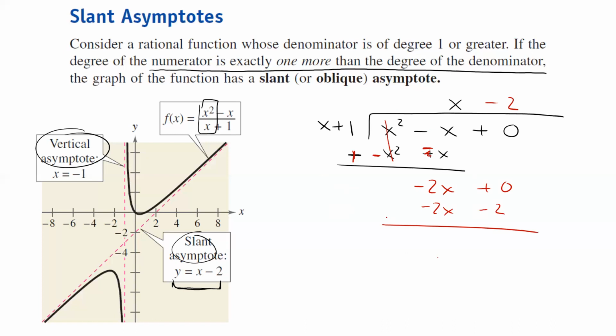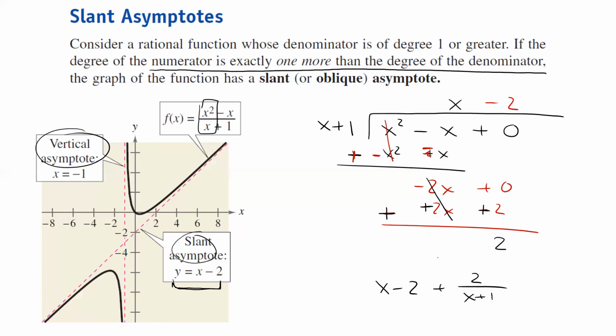And then we add the opposite. Let me change plus here, plus there, plus there. That's cool. That better cancel. Oh, we're left with the remainder. That's okay. That's no problem. So here's what we got. We have x minus 2 plus 2 over x plus 1.